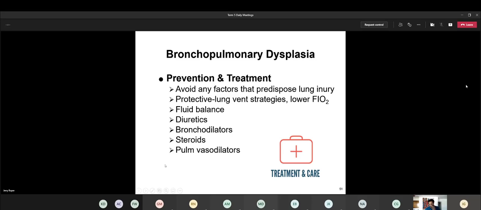So then how do we try to treat them? Again, we try to minimize things: don't give too much oxygen and try not to place them on the ventilator. If you do have them on the ventilator, use your protective lung strategies, meaning that you're always trying to give the bare minimum oxygen and you're not going to be using too high of pressures.